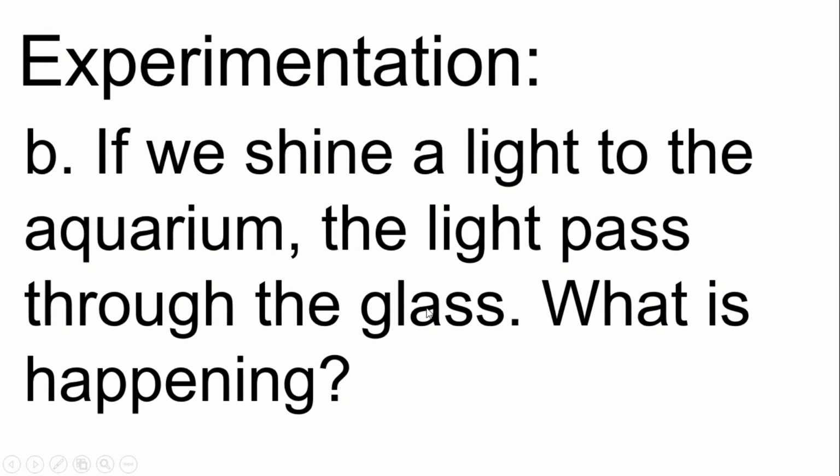If we shine a light to the aquarium, the light passed through the glass. What is happening? Okay, type your answers in our chat box. Okay, very good. Because the aquarium transmits the light to another direction. Okay, very good.